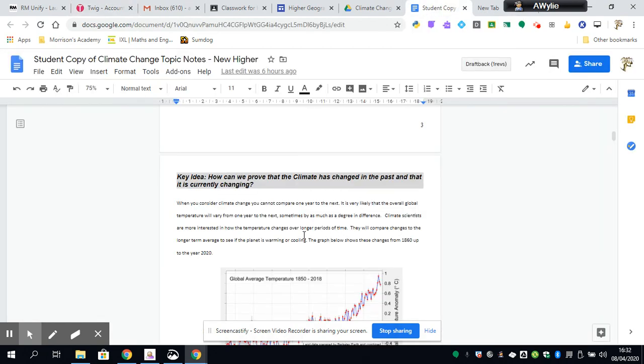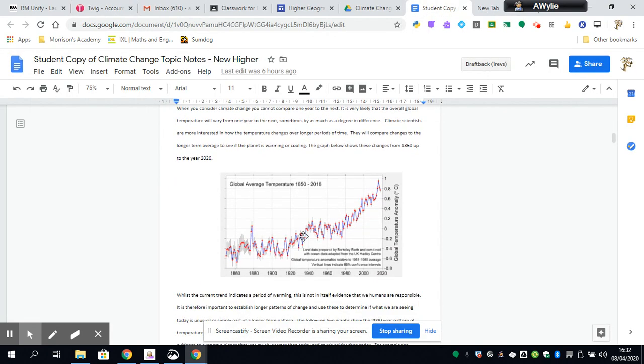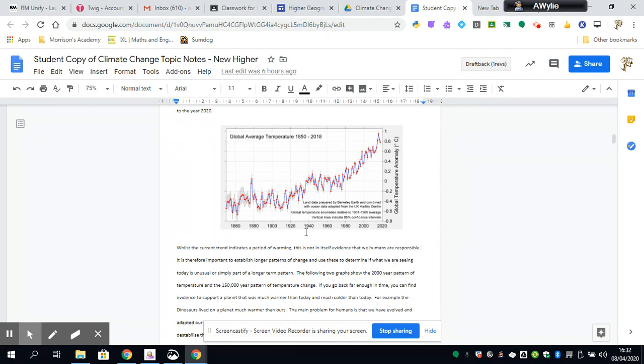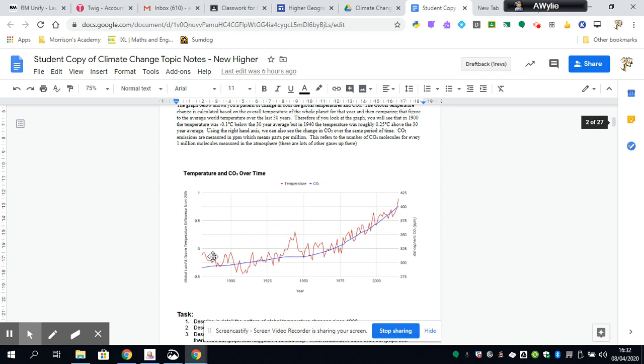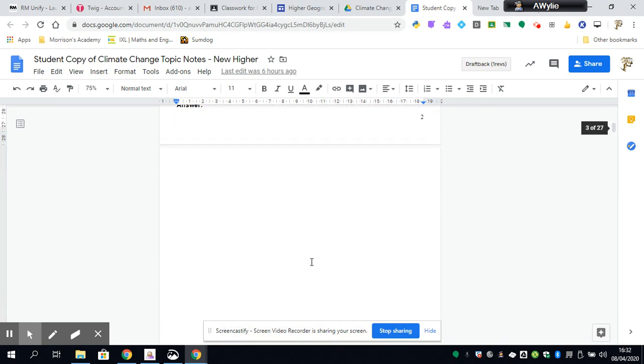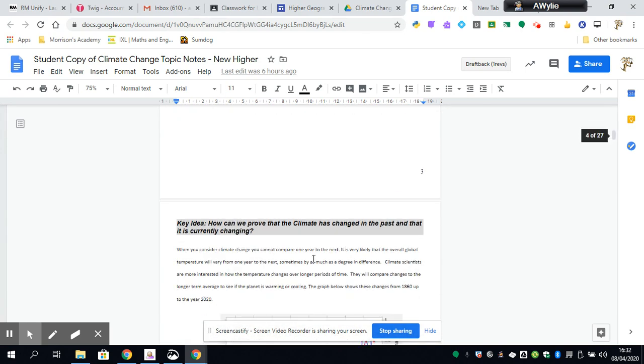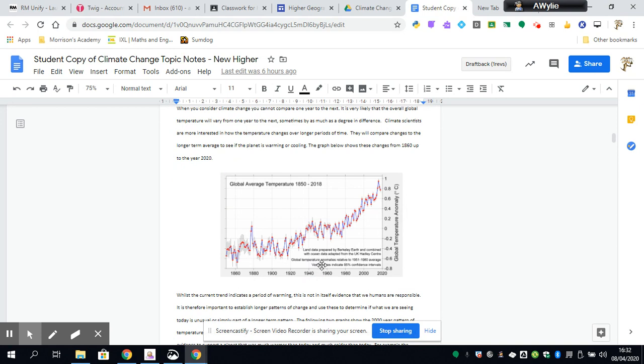Okay, how can we prove it's actually happening? Well, we need to rely on certainly the graph here that we just looked at, a kind of a 120-year pattern, but that's not really good enough to establish long-term changes. Because when we talk about climate and the planet and how long it's been here, we're talking about 4.5 billion years.